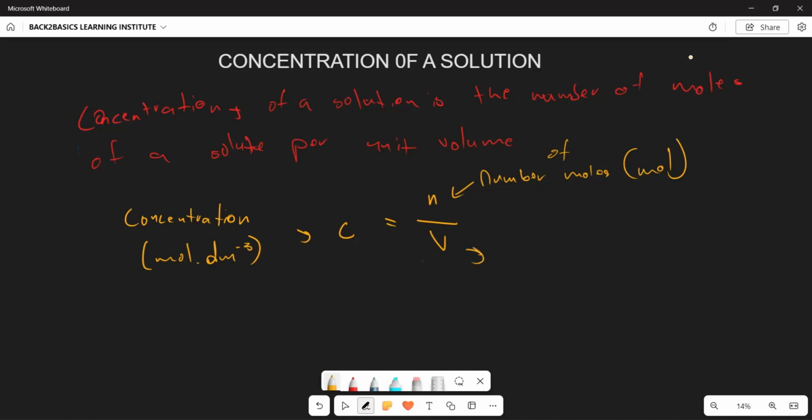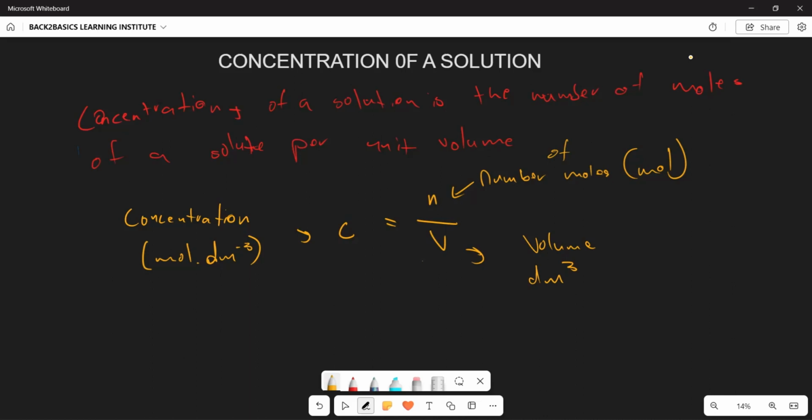And now this is going to be the volume. What you need to know is that our volume is also measured in decimeter cubed, right?